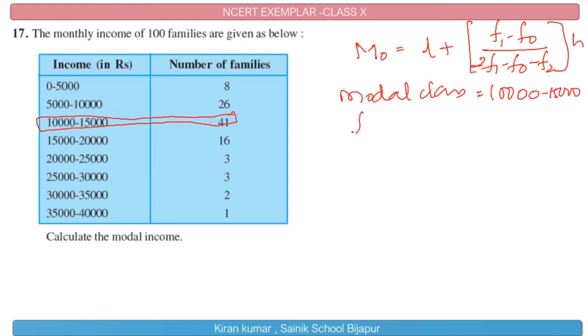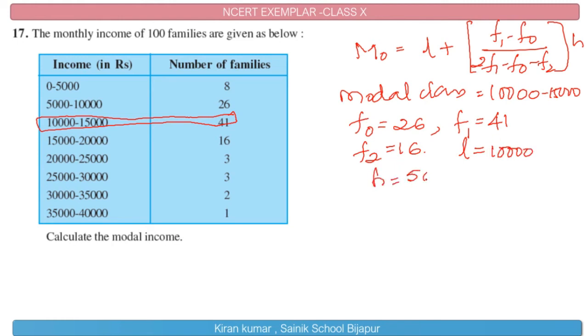The frequency of the preceding class is 26, the frequency of the modal class is 41, the frequency of the succeeding class is 16, the lower limit of the modal class is 10,000, and the class size is 5,000. So let's substitute the values.